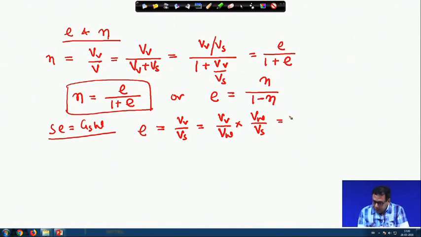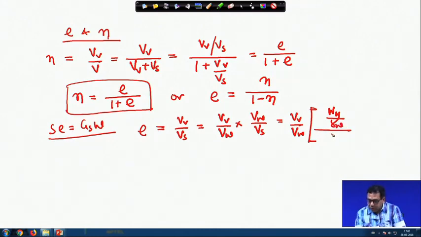So, I can write volume of void divided by volume of water, and volume of water I can write as weight of water divided by unit weight of water. Then the volume of solid I can write as weight of solid divided by unit weight of solid.